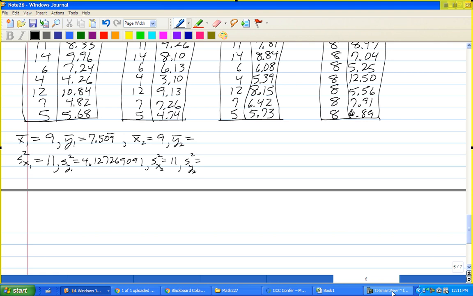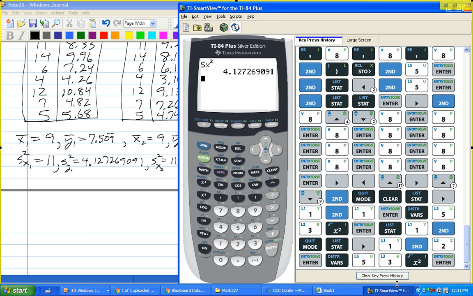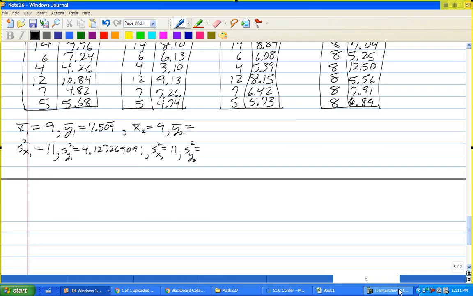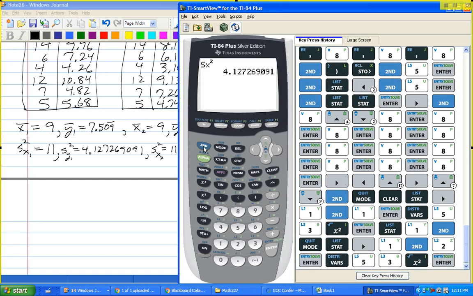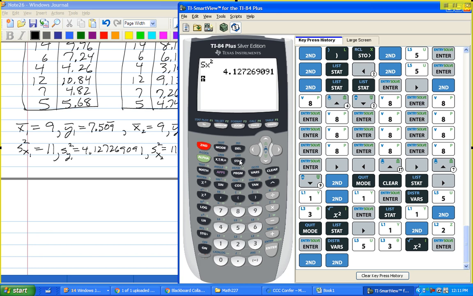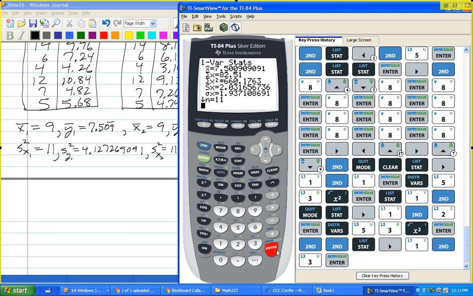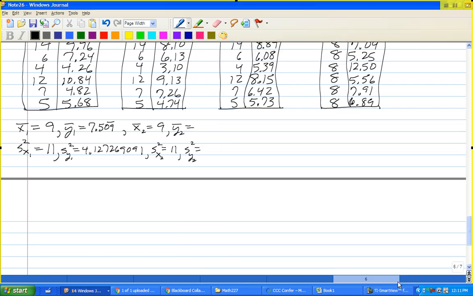Okay, so let's do the mean for that. And that was stored in L3. Sorry, I had to remember it's in L3. And so let's do this. L3. 7.05, okay. 7.5. 0.9.